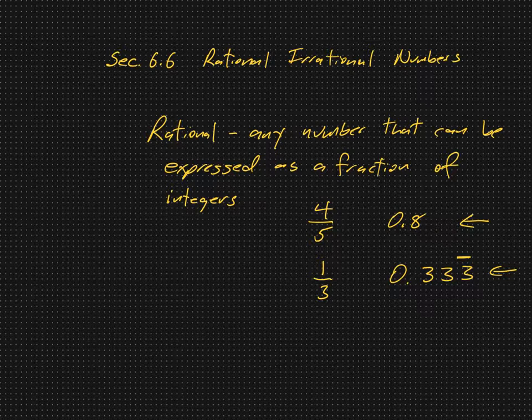So, rational numbers are any number that can be expressed as a fraction of integers. Examples, 4/5, which can be expressed as a terminating decimal, 0.8. Repeating decimals also are part of the rational numbers. Any number that repeats, even a pattern of 0.2, 0.2, 0.2, or I'll give you another example, 0.123, 123, 123.